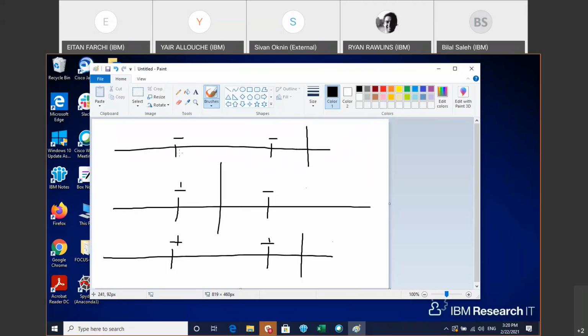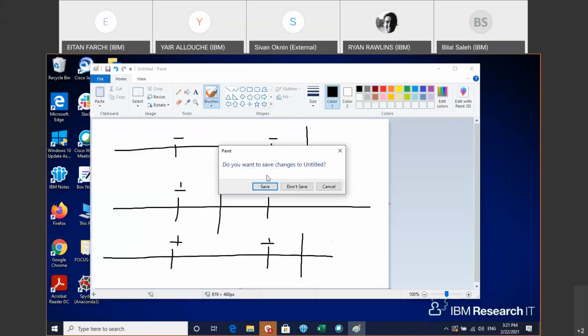So we say that H can shatter 2 points, but H cannot shatter 3 points. This is what we found out up to now.